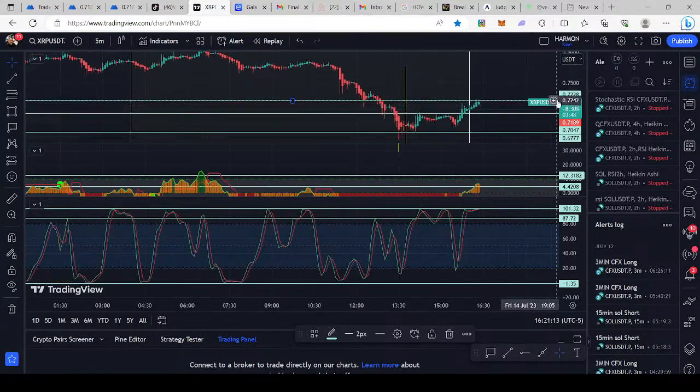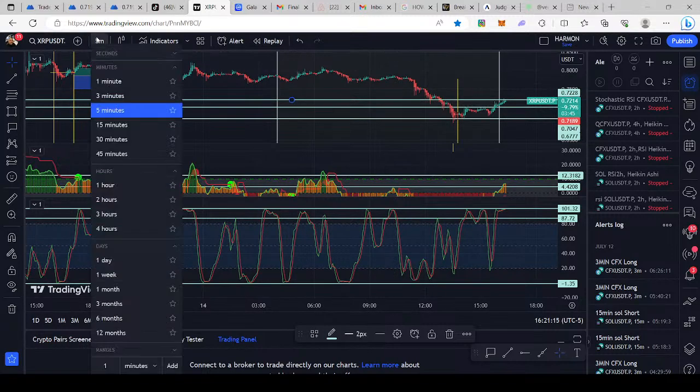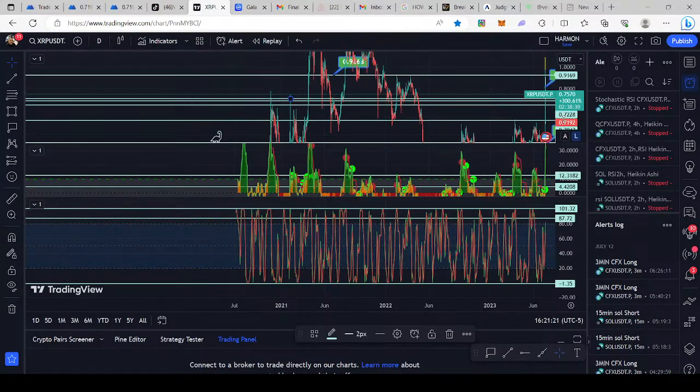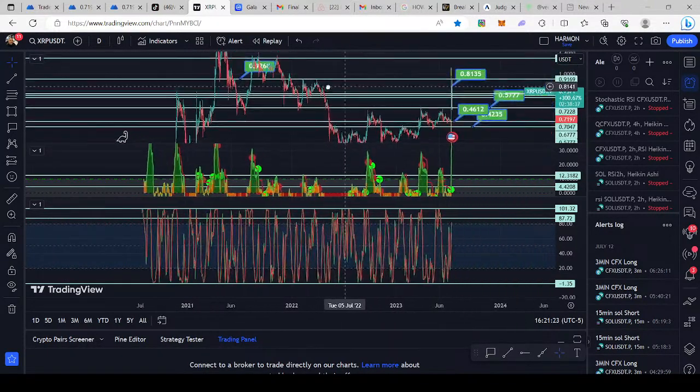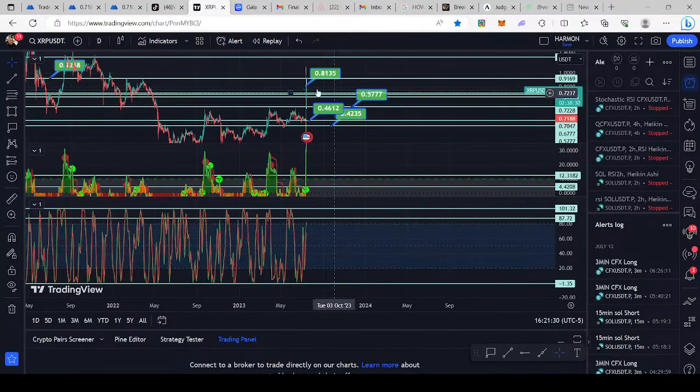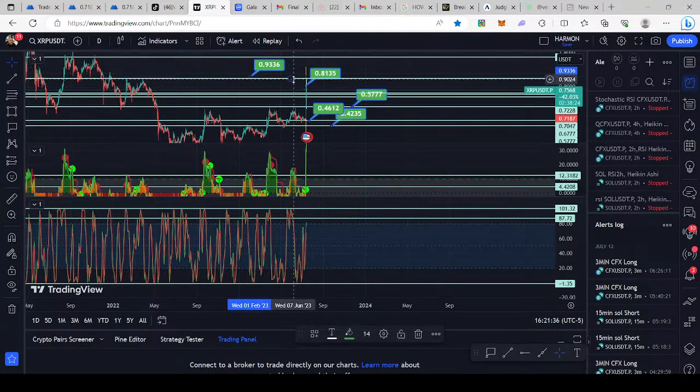What I was teaching was using the daily to see where your resistance and support lines are for the day, so you can understand the targets you're looking for. I was also talking about how it was weird to me that the target or support line for XRP was actually 90, 93, 94 cents, and that's where it went to before it dumped.